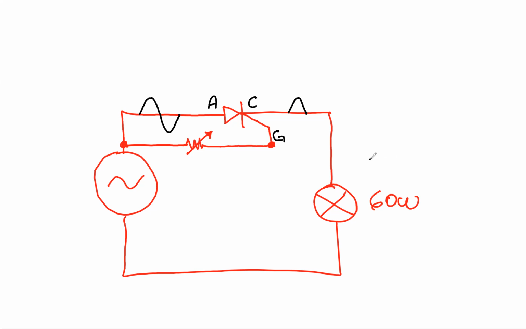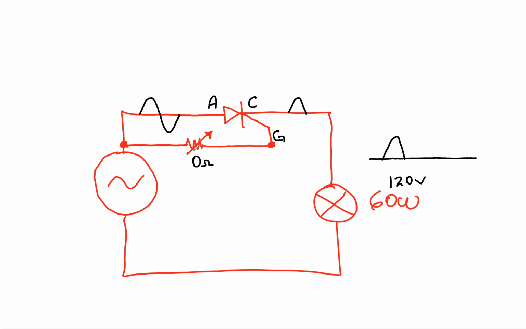I'm going to draw right beside here what's going to happen when the SCR is triggered at first, when the resistance on this load is 0 ohms. Okay, so we are going to have, in this case, a full wave. Just for simplicity's sake, we are going to say this full wave is equal to 120 volts.